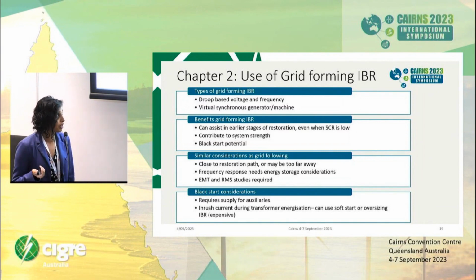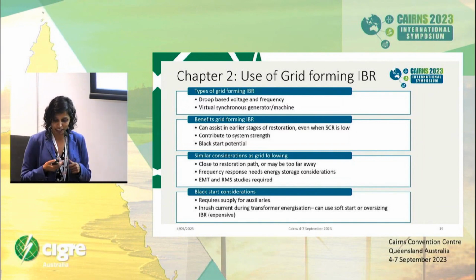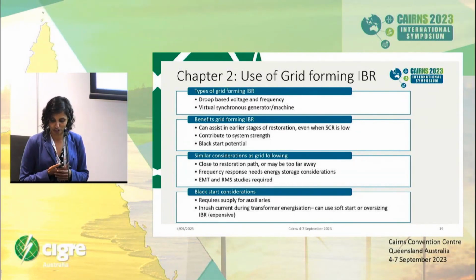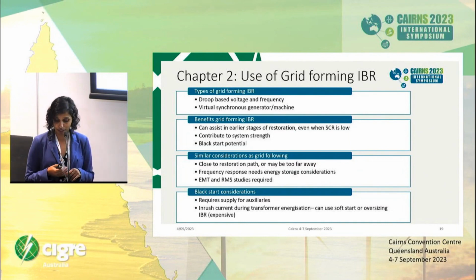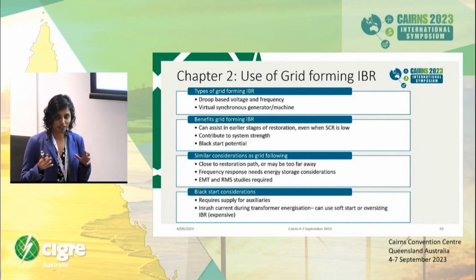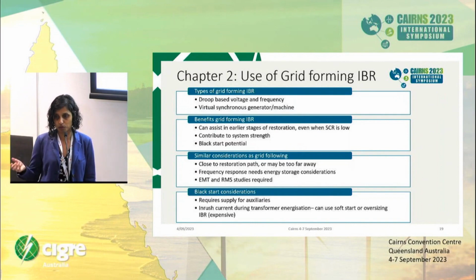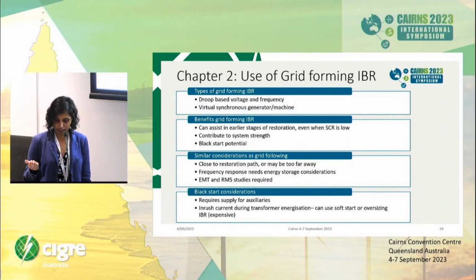Similar to grid following, the capabilities and use of grid forming would be prudent to study through simulation studies. In terms of their black start capability and potential, we still have to think about how they could self-start. So even a grid forming plant might still require some sort of cranking generator, which could be a diesel genset, to restart their auxiliaries.